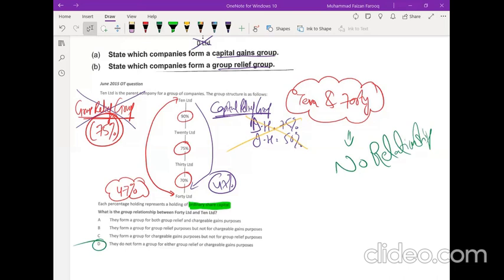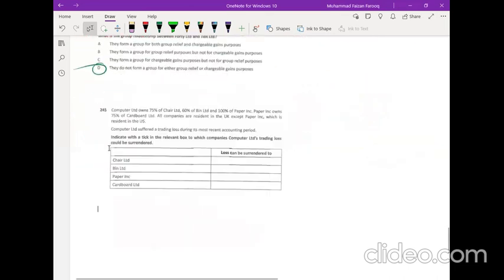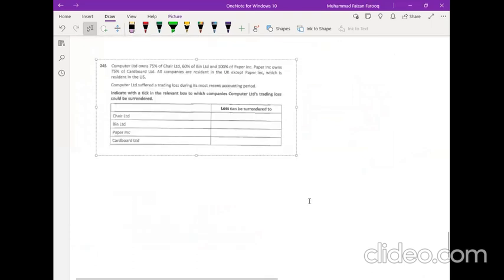No question, we just completed this chapter. Now the next question from the revision kit. Tell me the answer. We have Computer Limited.